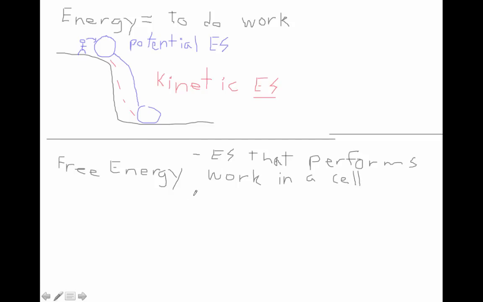And another way I'd like to look at it is thinking about where that energy is at. And in cells, that energy is stored in chemical bonds. So let's write: this free energy that's going to do work in the cell is stored in chemical bonds.